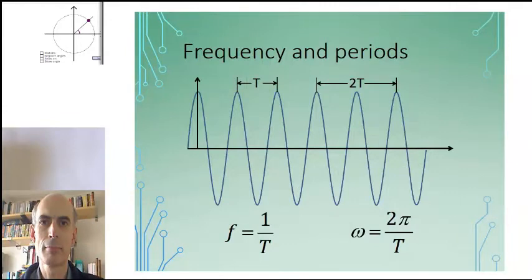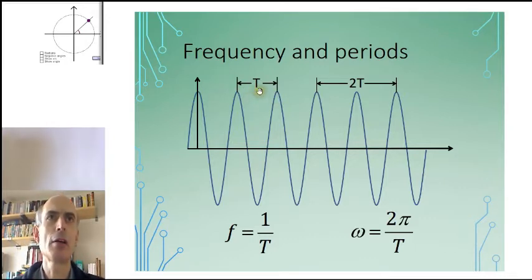Well, many of the waveforms that we're dealing with in this module are repetitive, in the sense that they exactly repeat themselves. The minimum time after which a waveform exactly repeats itself is known as the period.